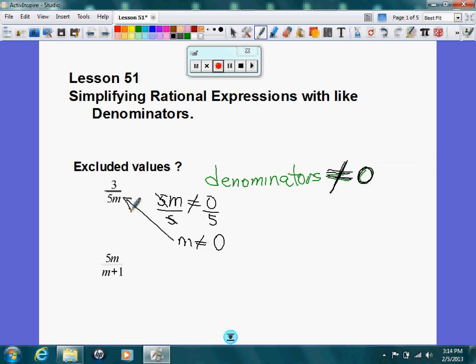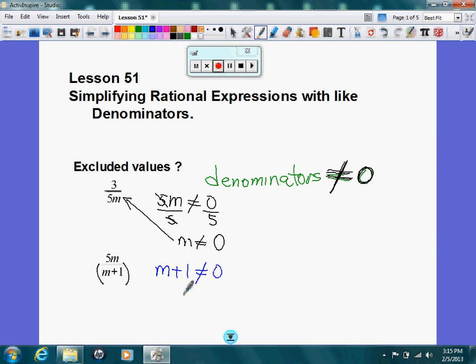That's the excluded value. Okay, we have a variable in the denominator in this expression, m plus 1. So let's change colors. m plus 1 not equal to 0. And how would we solve this?